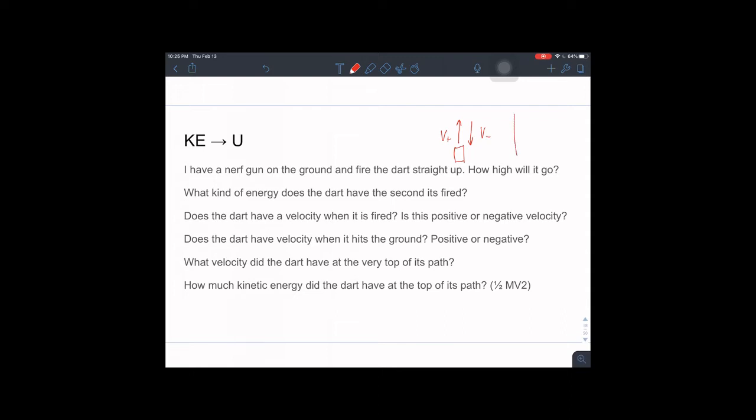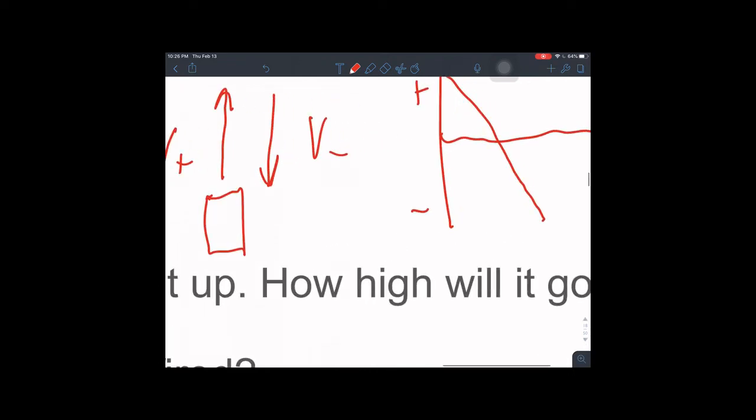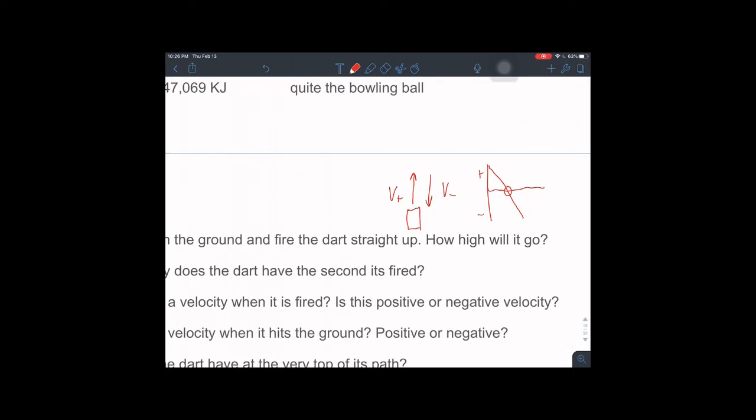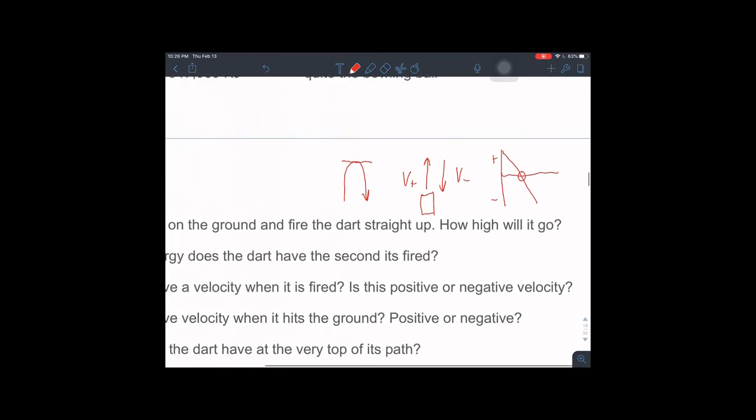If this is a simple xy graph with positive numbers and negative numbers, if the velocity started positive and ended negative, this means right in the middle it had to hit 0. This will happen at the peak of the dart's path. At the peak of the dart's path, the velocity will be essentially 0.